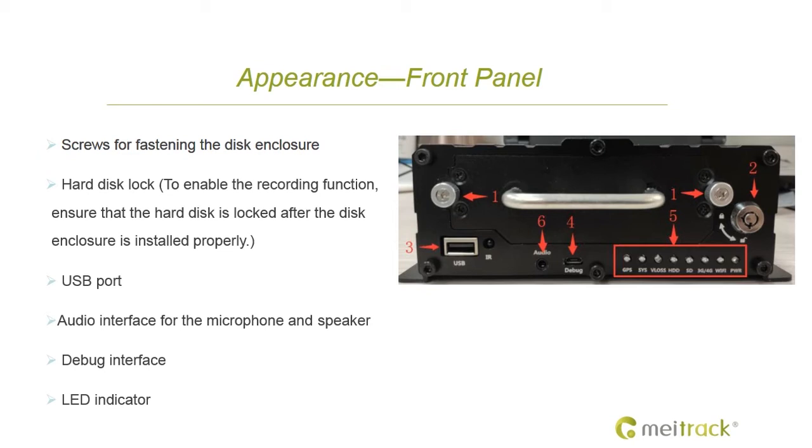Among them, the debug port is used for debugging the system and updating the firmware. These indicators are used for checking the working status of these functions, like GPS status, SYS meaning network status, VLOS meaning video loss indicator, etc.